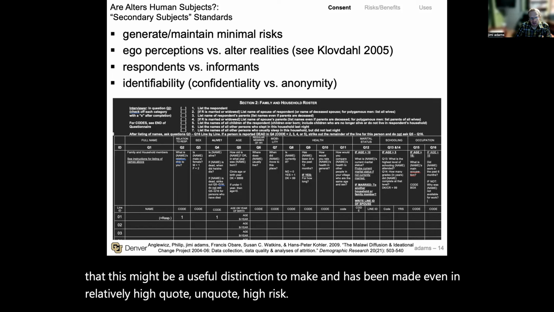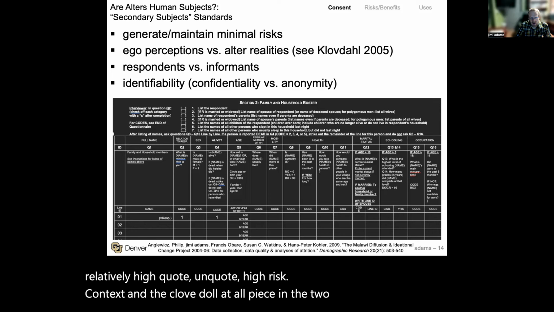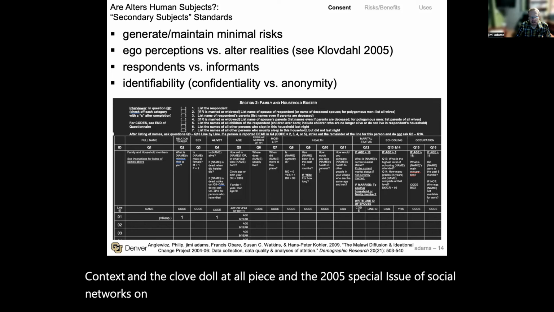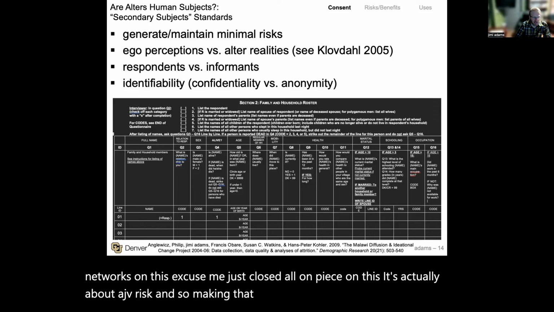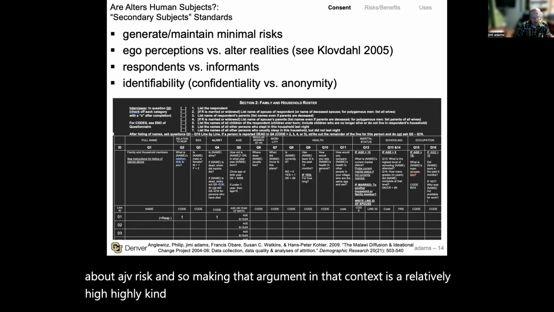context. And the Klovedahl et al. piece in the 2005 special issue of Social Networks on this is actually about HIV risk. And so making that argument in that context is a relatively highly protected subject matter that I think is worth noting.